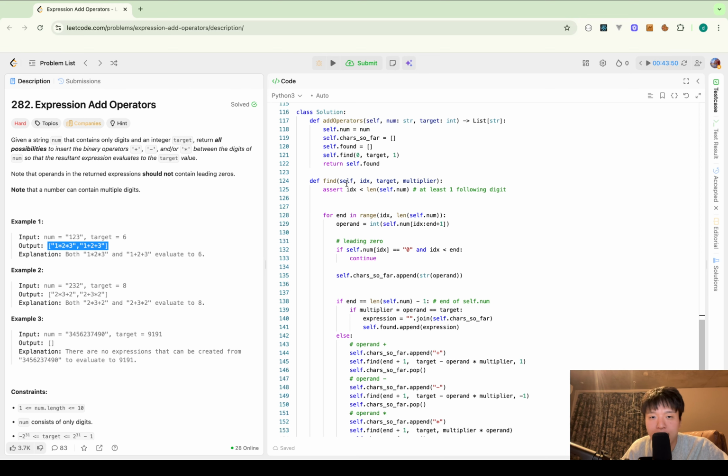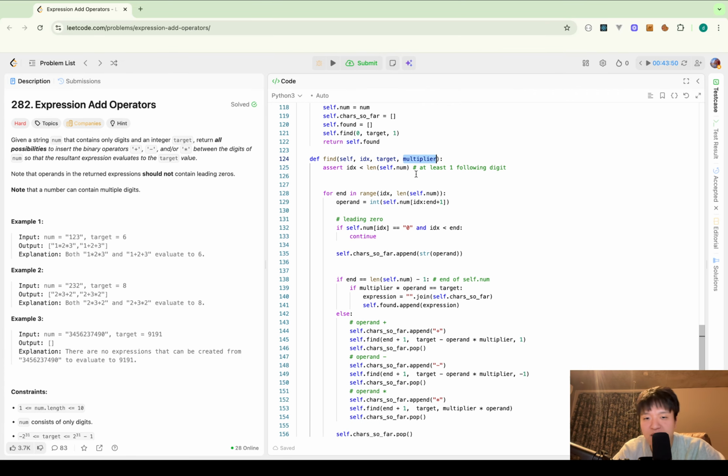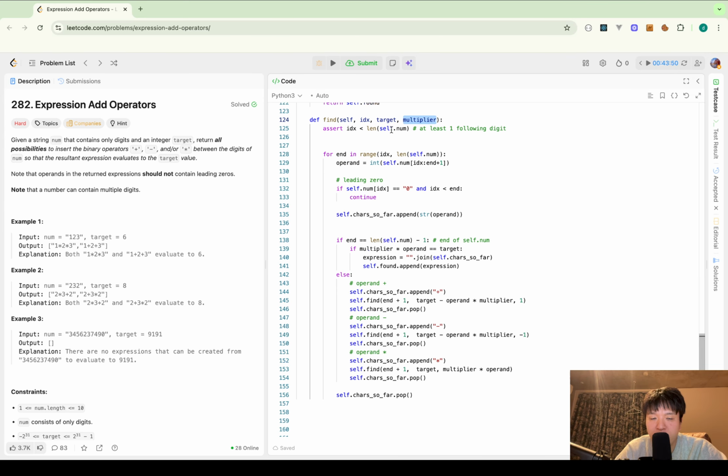That being said, I used backtracking in this question. In this backtracking, I passed the multiplier as the recursive function's argument. This is something outstanding in my approach, I think. From each start index, I chose how long the operand is and what operator should follow after it.